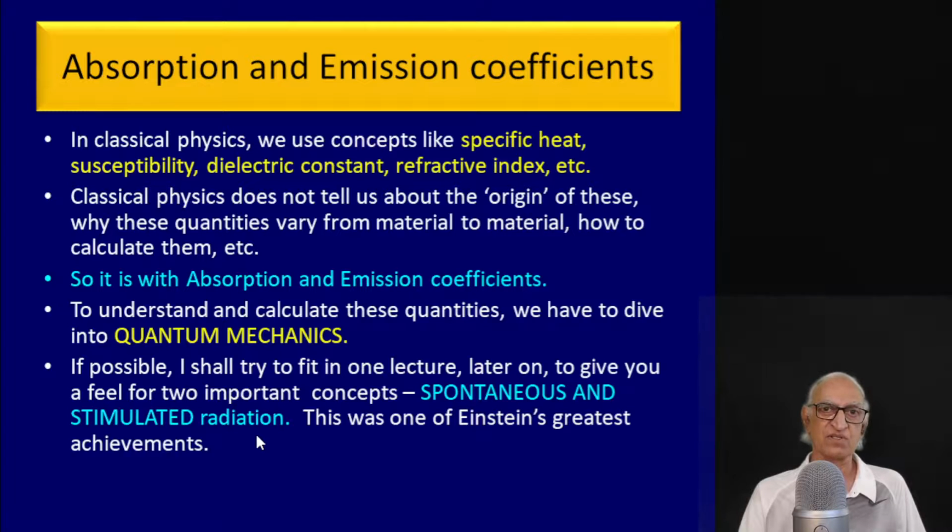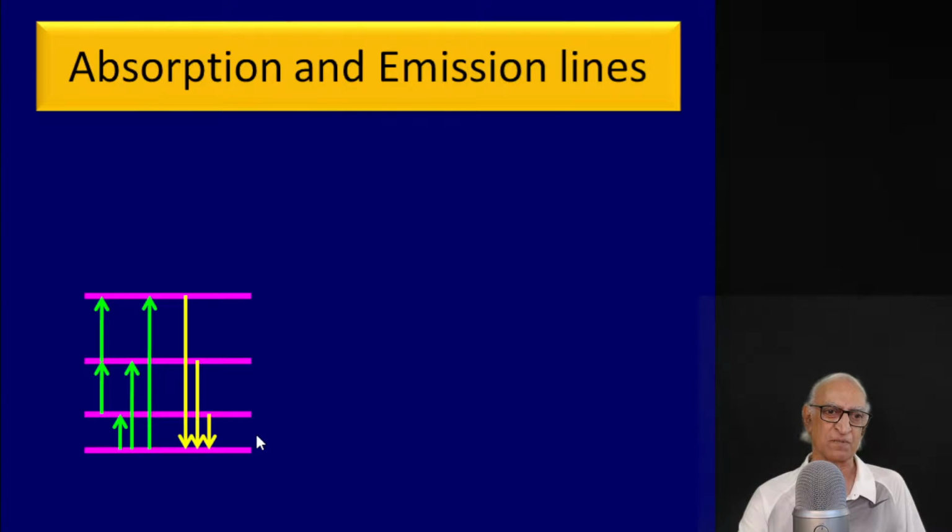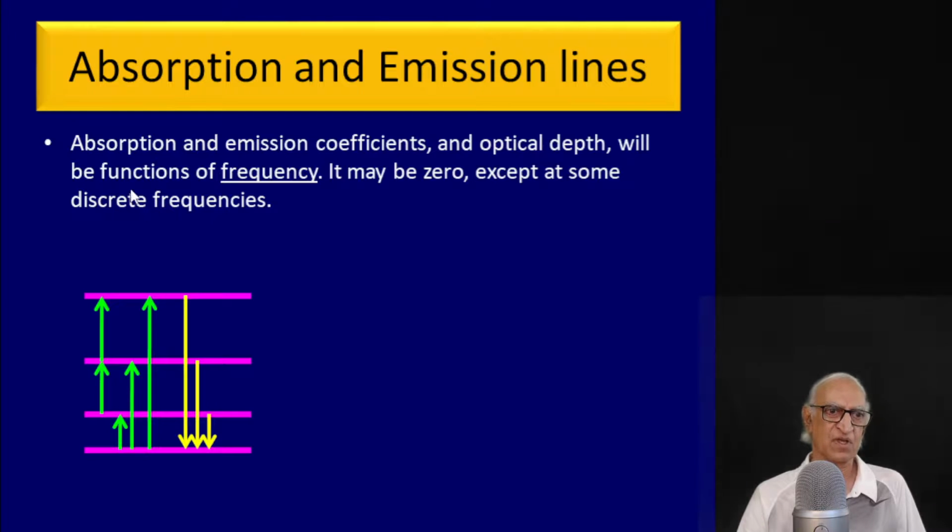This was an important concept introduced by Einstein in one of his most important papers, published just 1 year after the general theory of relativity, in the year 1917.